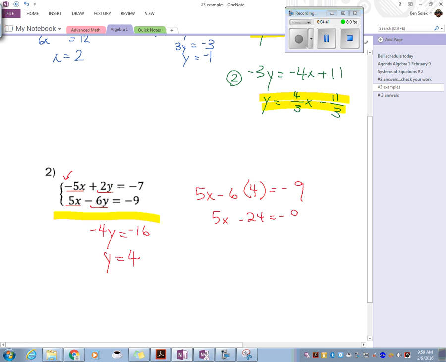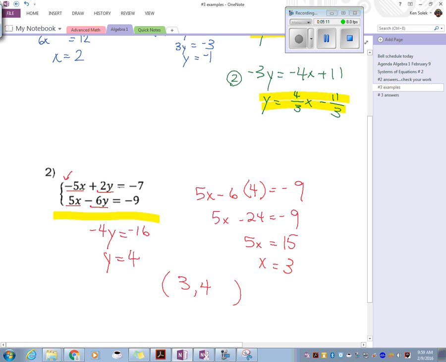So 5x, negative 9, and positive 24, because it's moving to the other side. What's negative 9 and positive 24, Hector? Add it for me. What is it? 15. So x is 3. So my ordered pair for this is 3, 4.